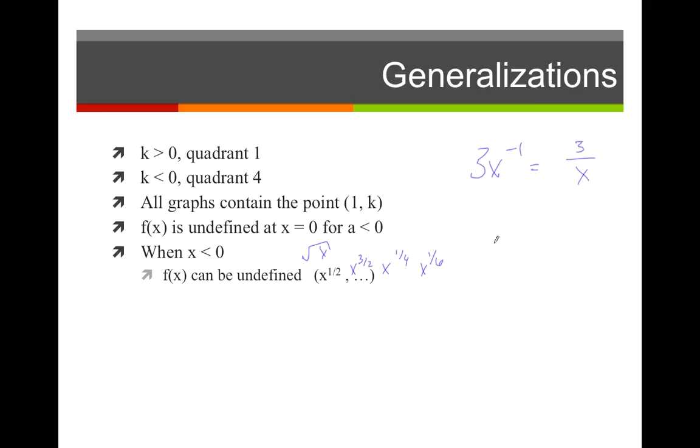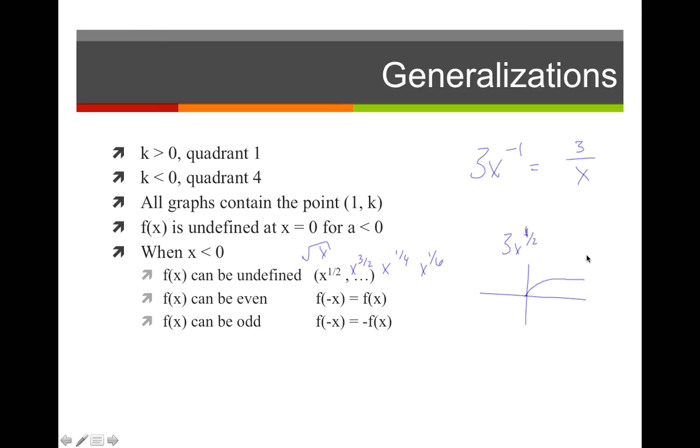So when I say things like, what does 3x to the 1/2 power look like? Well, it is going to be this. It's going to be that, but it's not going to be symmetric anywhere, because that 2 makes it illegal to have negative x values.